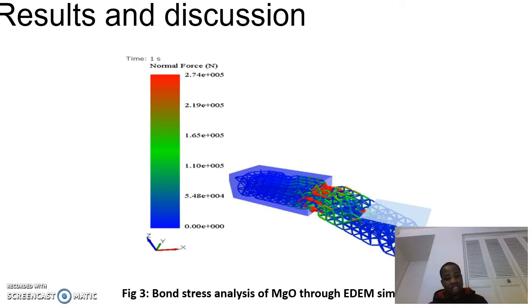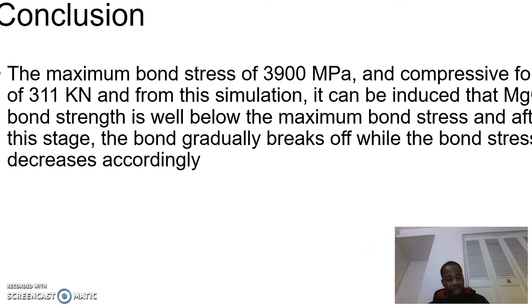Those are the much more critical areas where the breaking of the bond is experienced most. Having done that, we calculated the bond stress with respect to the contact area that we define in EDEM, and we see that this is the maximum bond stress that is placed on the magnesium, and this is where the breaking starts. The corresponding compressive force is 311 kilonewton from the simulation.